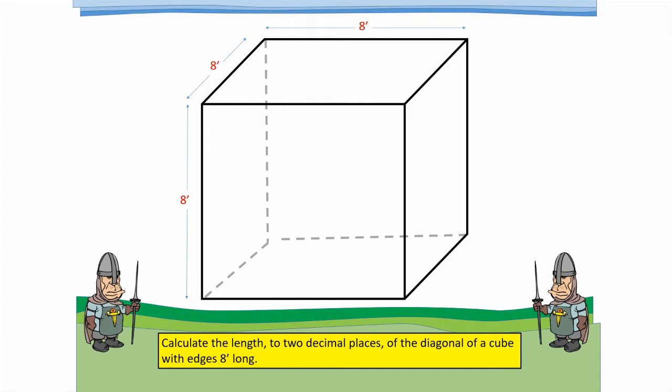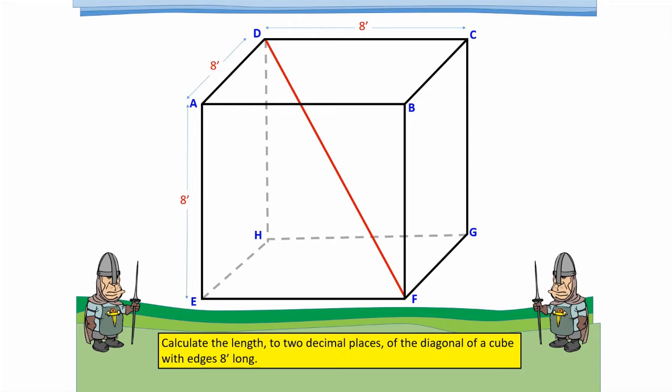So each of the dimensions are 8 feet. And what we have to do is work out how far is it from one corner to the very opposite corner down there. Now, we don't know how to do trigonometry in 3 dimensions, so let's look in the diagram and see if we can find a two-dimensional right-angled triangle.